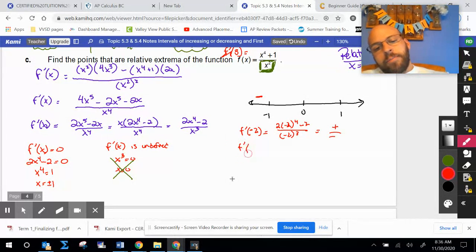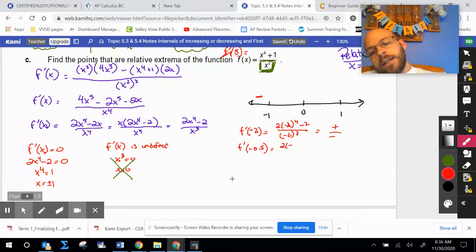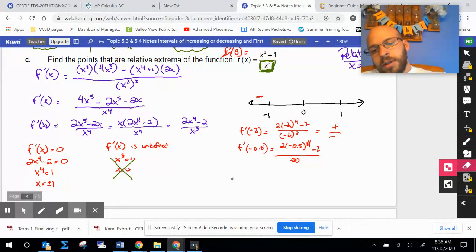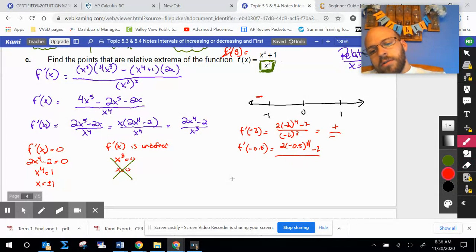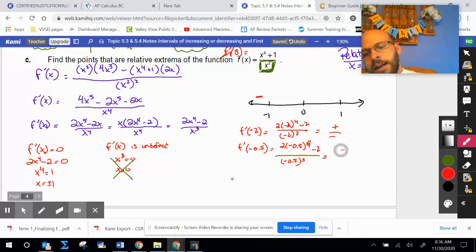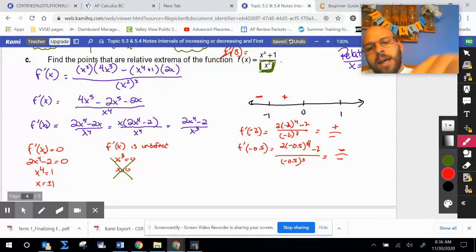Now, f prime of, let's say, a number between -1 and 0 would be -0.5. So 2 times -0.5 to the 4th minus 2 all over -0.5 to the 3rd. So I'm going to get a negative over a negative, which ultimately gives me a positive.